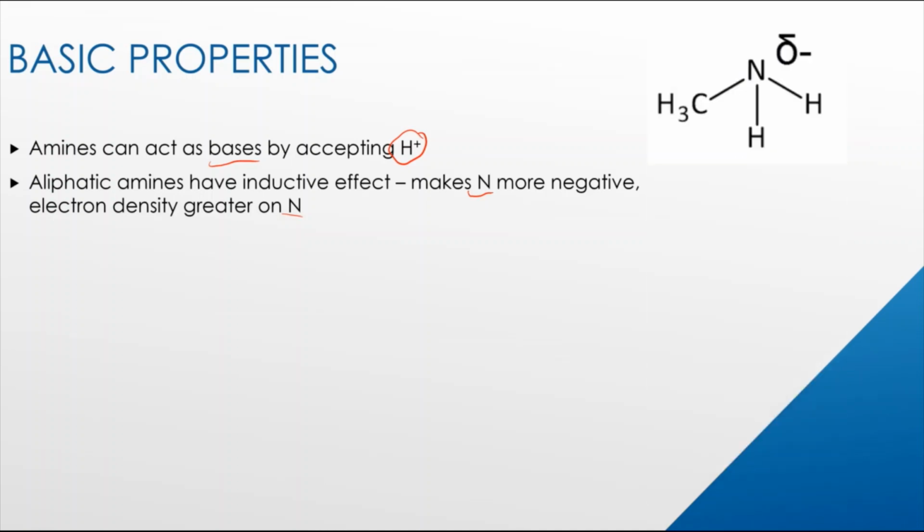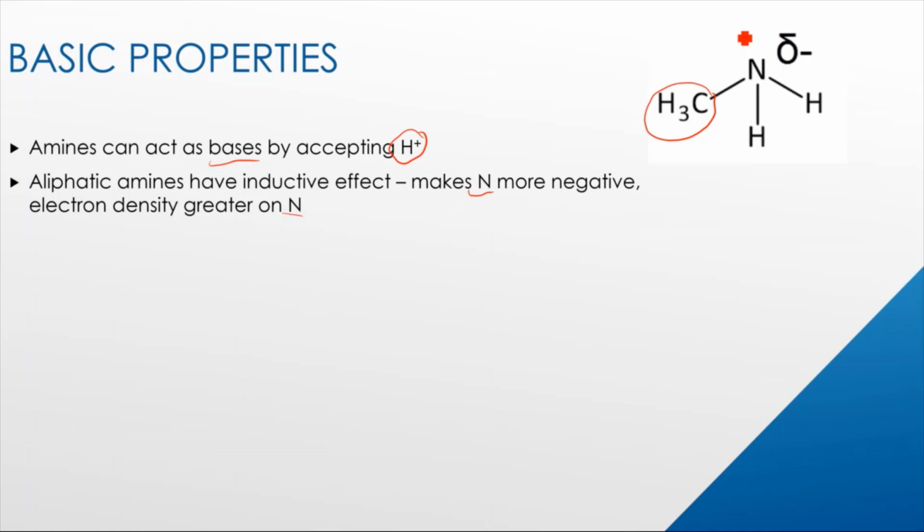So looking at an aliphatic amine, this is a primary amine because we have a carbon bonded to the nitrogen. So what does this inductive effect do? The electrons in that C-N bond will be pushed towards the nitrogen simply because nitrogen is more electronegative, and this just means that nitrogen will be even more delta negative now.